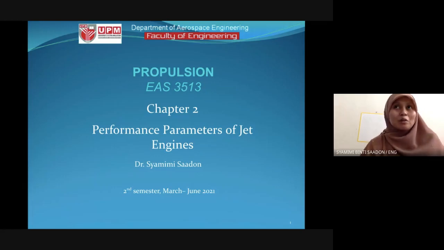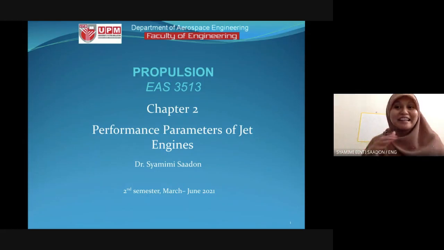The objective of the propulsion course is exactly to evaluate performance, because propulsion relates with the engine. So we want to evaluate the engine, whether we have to design a better engine, optimize the engine or what. But here in your propulsion course, we are not going to optimize it, not yet.